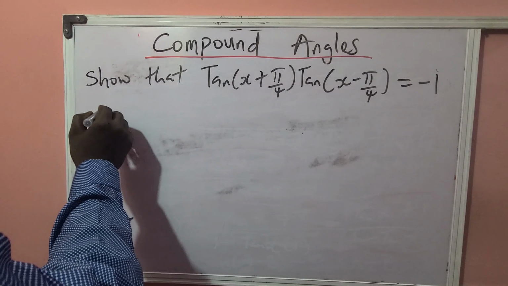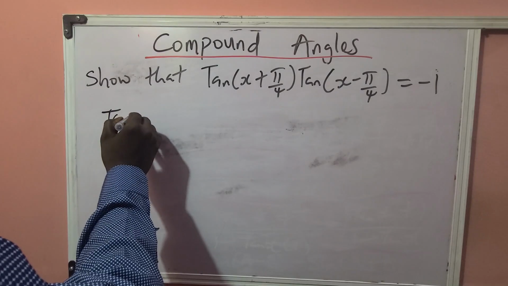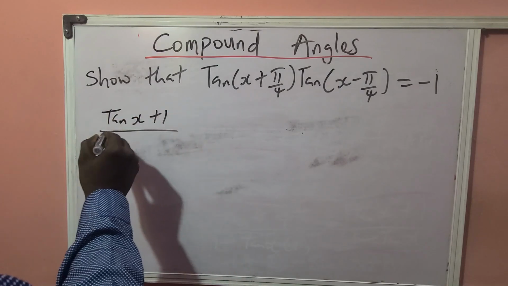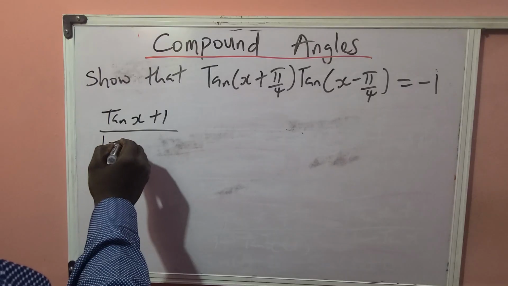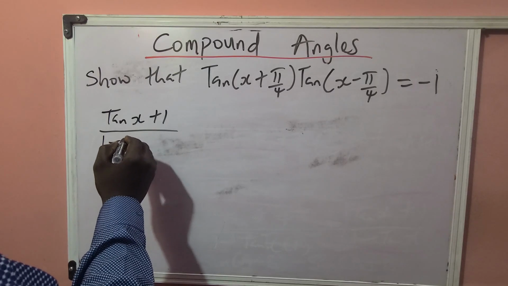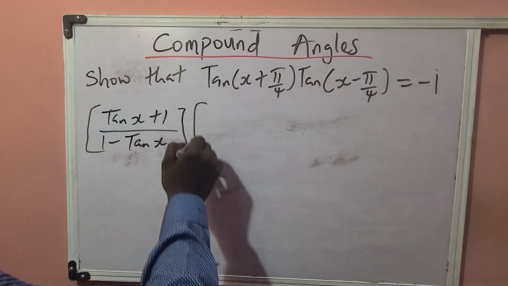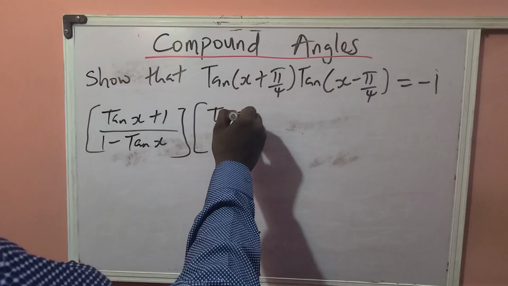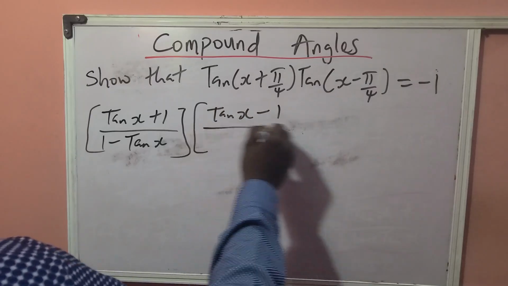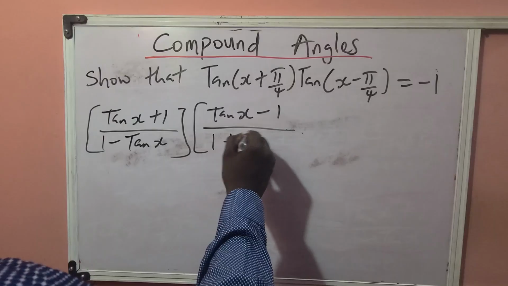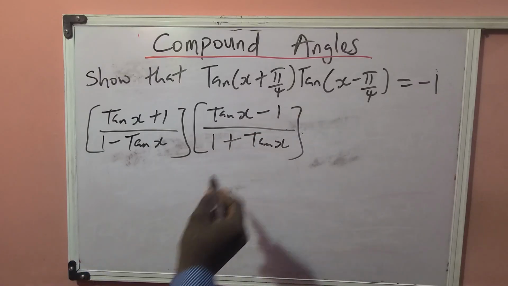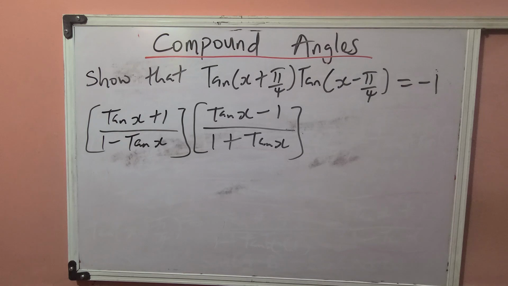So that is, we have the tangent of x plus 1 divided by 1 minus the tangent of x, multiplied by the tangent of x minus 1 divided by 1 plus the tangent of x. So this is what we have, and we want to prove if these two values will be giving us minus 1.